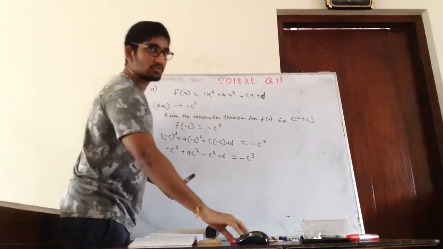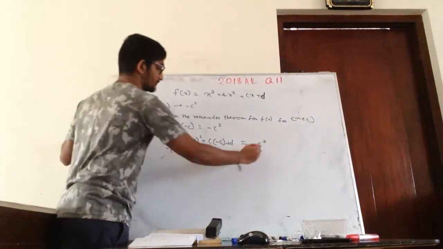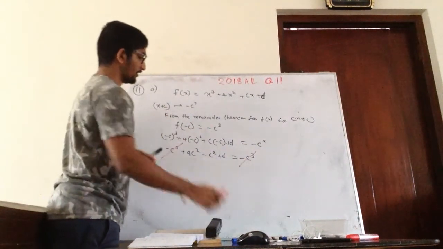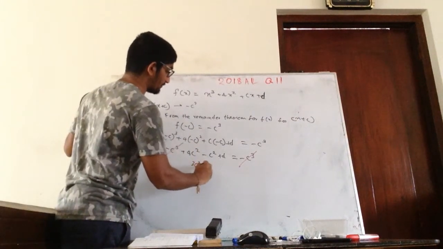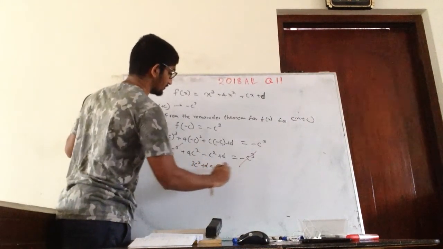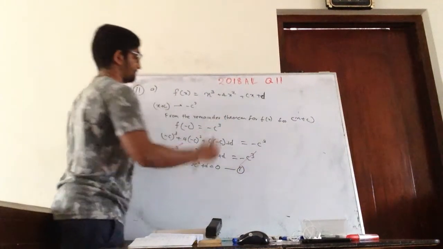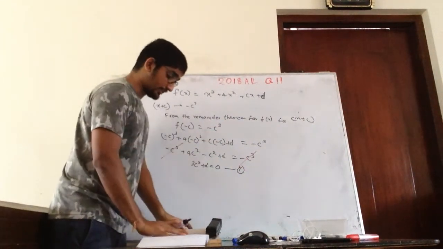So now what I can do is I can cut this off. So then I will get 3c squared plus d is equal to 0. This is 1.